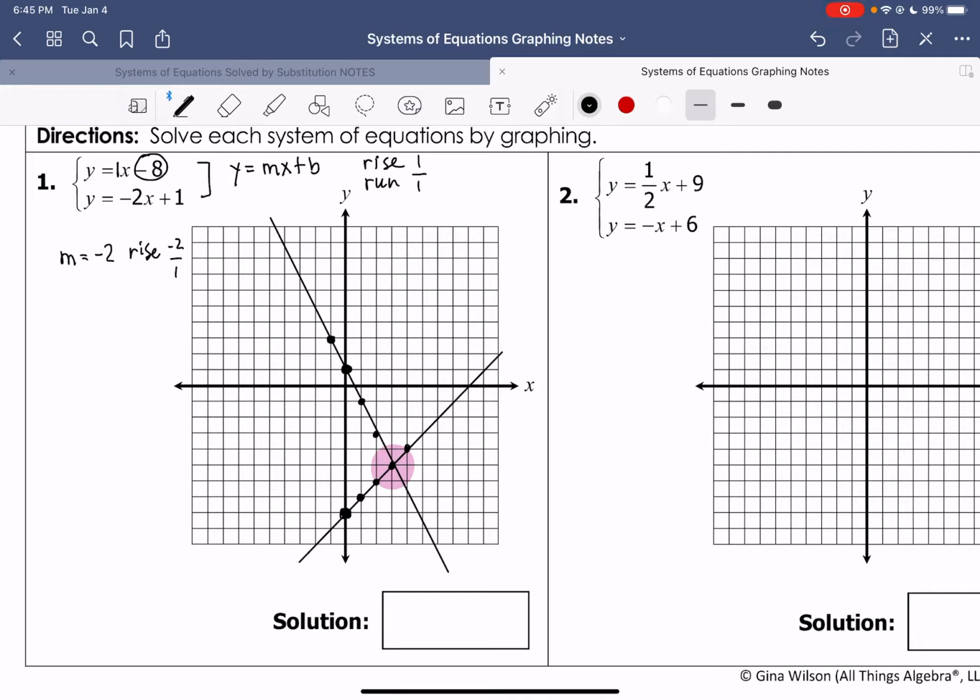So where that pink dot is right there, we need to identify the XY coordinate pair. So we look here at positive 1, 2, 3 on the X and negative 1, 2, 3, 4, 5. Negative 5. So that right there is the solution to that set.